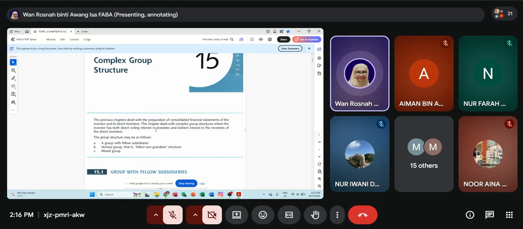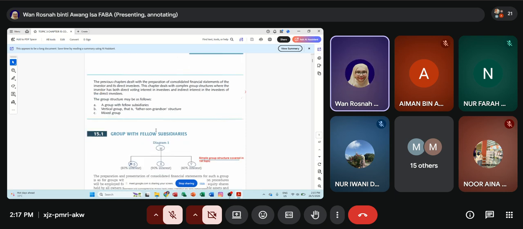So this chapter, we are going to discuss complex group structure, where we have three types. Number one is a group structure with fellow subsidiaries, or we call it horizontal subsidiaries, like this.